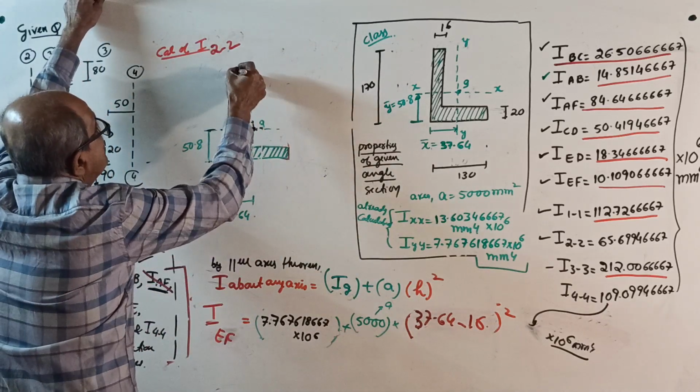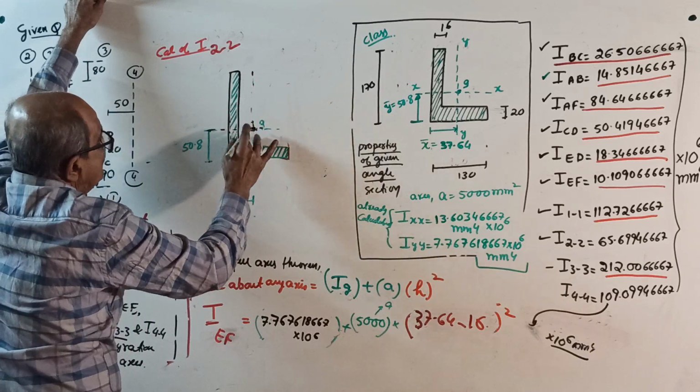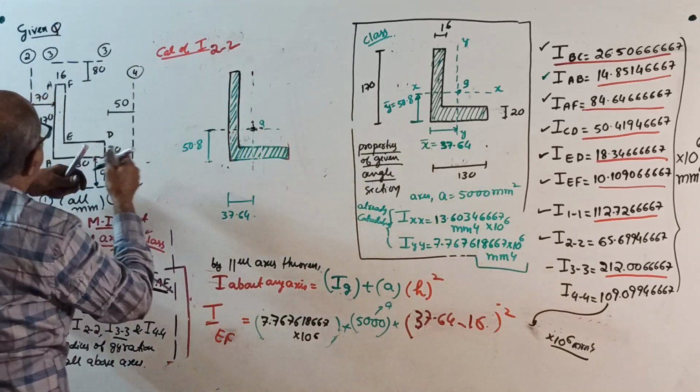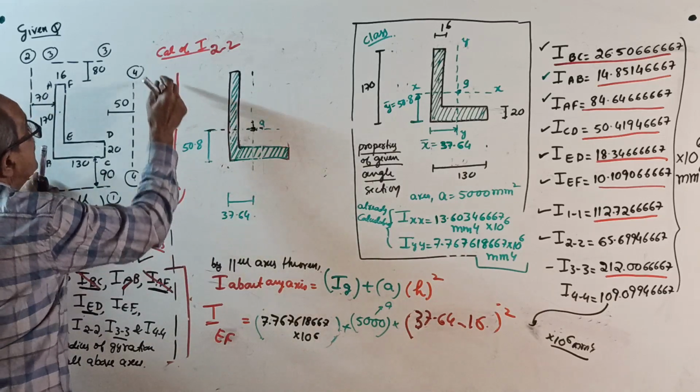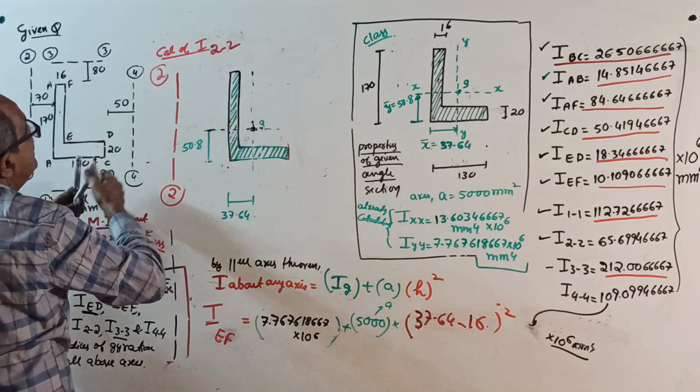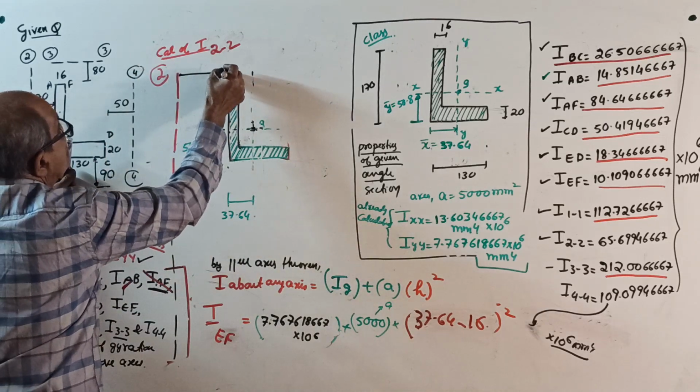Then I about EF over. I about 2, the closing part now. Draw one more sketch. Where is 2? 2 is somewhere here, out of scale. In the question they told, this is 70 millimeter.